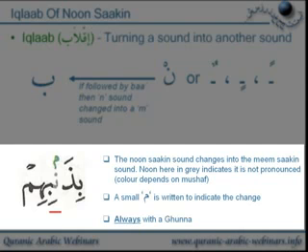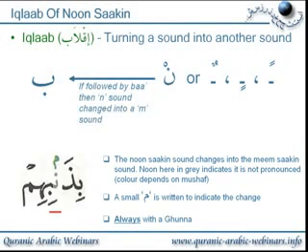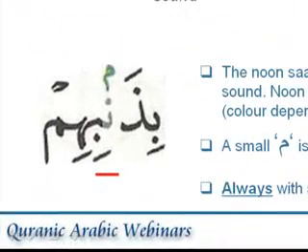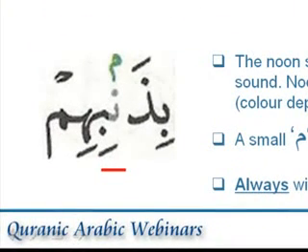Nun here is in grey, which indicates it is not pronounced, and the color coding depends on which Quran you're looking at. A small meme is written to indicate the change, always with a ghunna. So this word would normally be min, bihim. But the rule is, if you have a nun sakin followed by the letter ba, we change the sound of the nun into a meme.